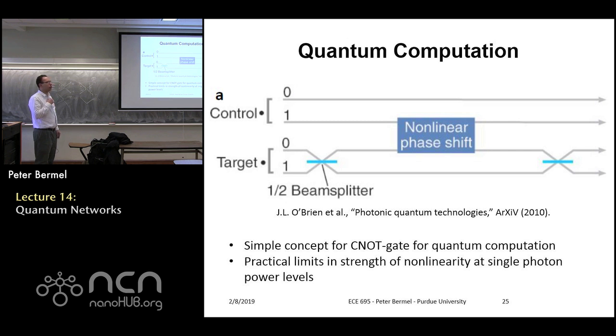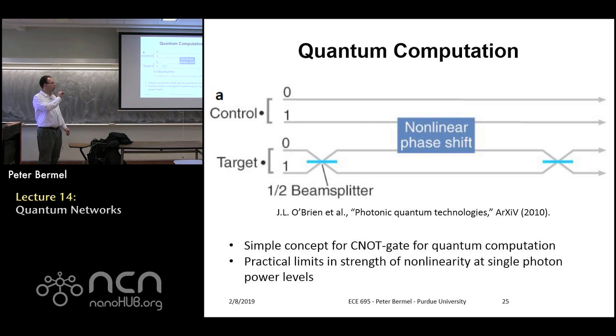Okay. So in principle, that's amazing. Let's do it all in optics, and then we'll have so much better computational power than we have now. But there is a catch, obviously, which is that the nonlinearity has to significantly shift the phase at a single photon power level. And as you may know, nonlinearities are not usually very strong, like say Kerr nonlinearities, they're very weak.